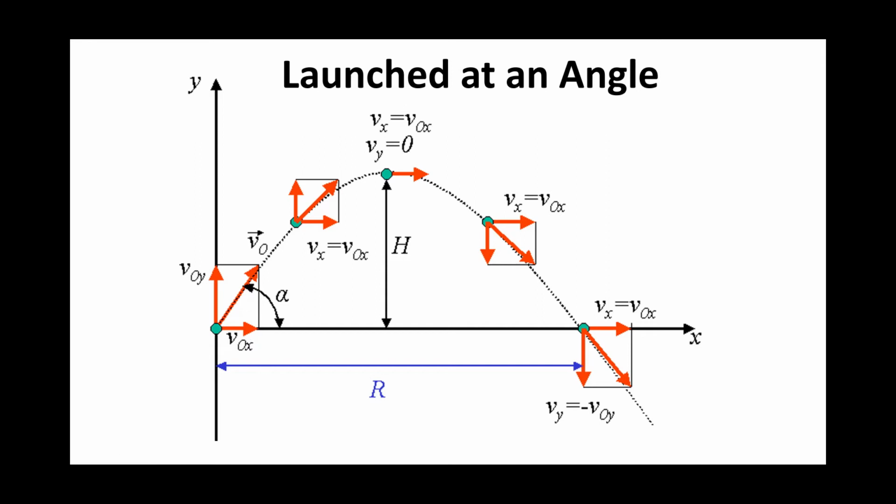Cosine? Cosine, because if it's a 60-degree angle, that horizontal side of it is adjacent. So we would use cosine. What would we use to find the vertical component? Would that be sine? Yeah, it's opposite the angle, so we could use sine.